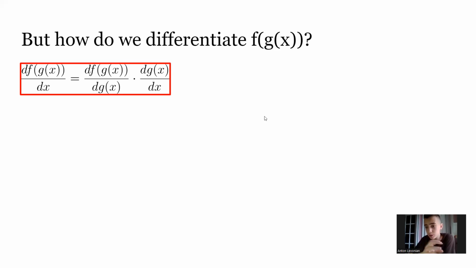You still plug the actual innermost function into the outermost function's derivative, but this derivative is still taken with respect to a tiny change in this inner function, and not x. Then you have to account for this by multiplying by the derivative of this innermost function. And this is called the chain rule.